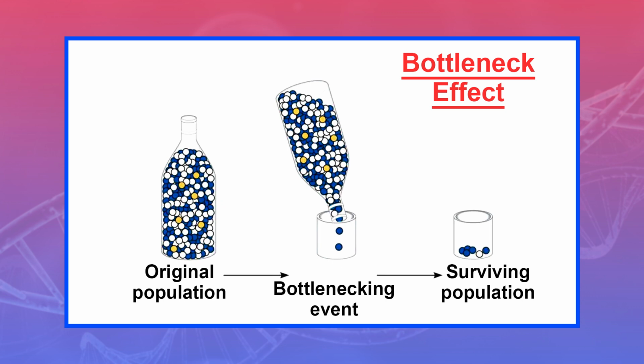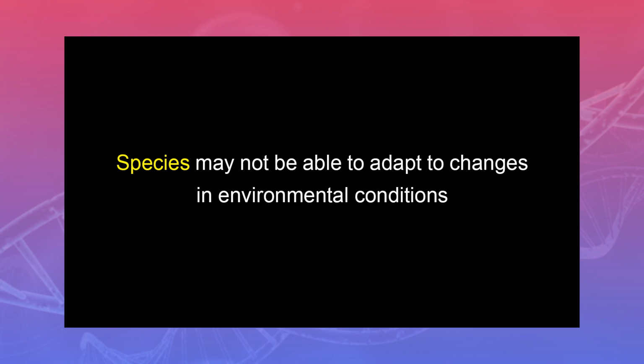The reduced genetic diversity, for example due to a bottleneck, will unavoidably increase inbreeding for the entire population. This may mean that a species may not be able to adapt to change in environmental conditions, as each individual will have a similar immune system, as immune systems are genetically based.